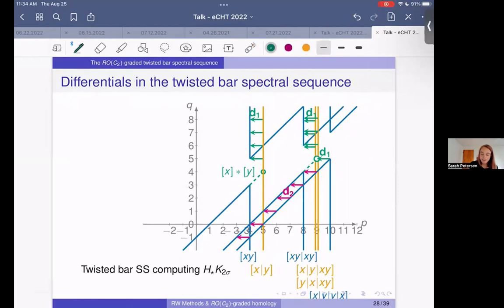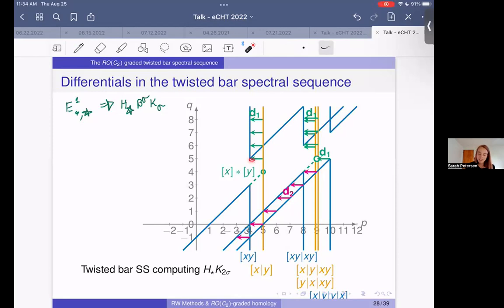However, in general, if you wanted to continue using the twisted bar spectral sequence approach, this is a picture of the E1 page of a spectral sequence which is converging to the homology of B sigma K sigma. You can see in this picture, it's much more complicated.